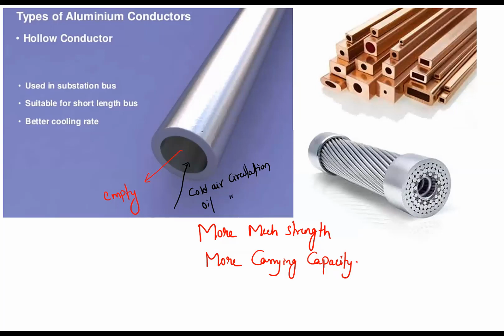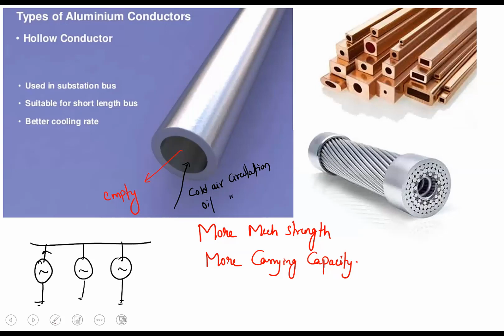If you take a generating station, a number of alternators are connected to this bus bar, and the generation voltage is very low, so the generation current will be very high. Let us say this one is producing 10 kiloampere, another is producing 10 kiloampere, and some load is taking 10 kiloampere, like that. So the current carried by this bus bar is very high.